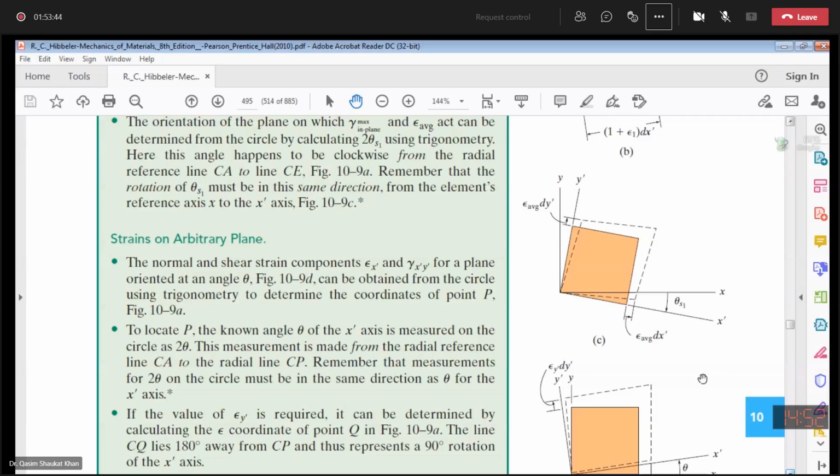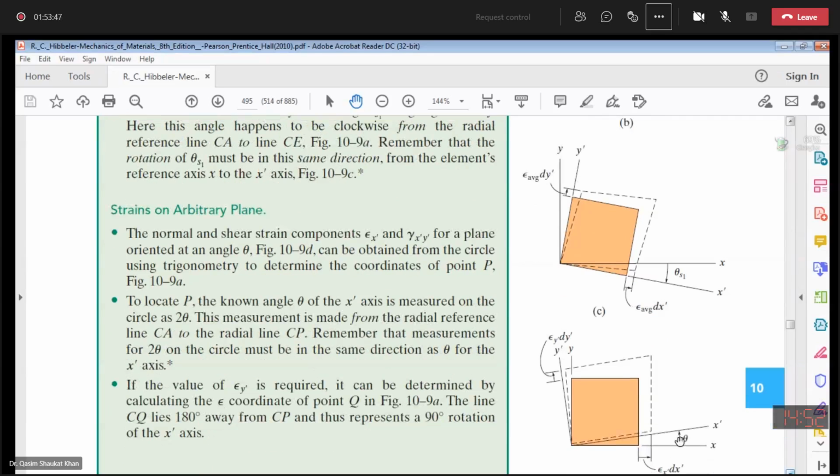Okay, you can see this, they are saying any value of theta, and it is about x to x dash axis. The components can be obtained from the Mohr circle using trigonometry to determine the coordinates of the point P. What is point P? It's an arbitrary point. You are given the value of theta and you are required to calculate the coordinates of that point.